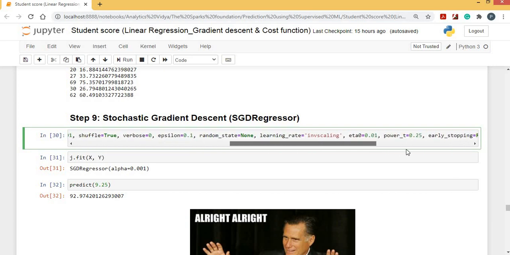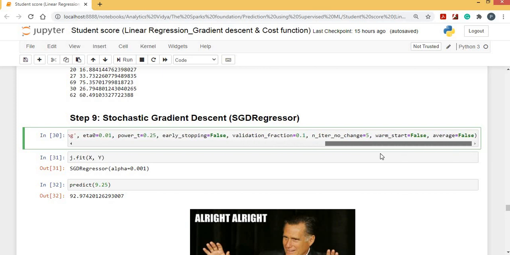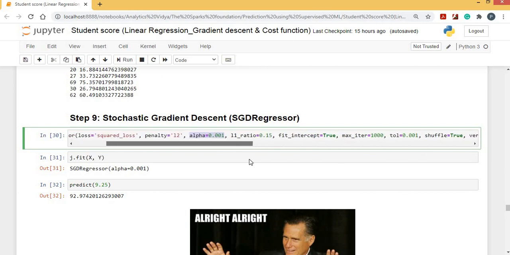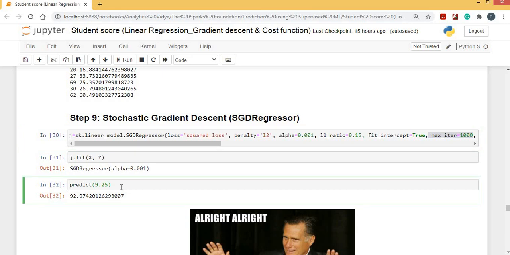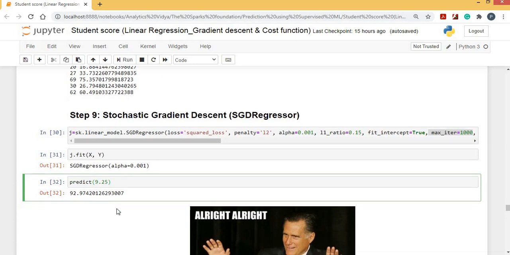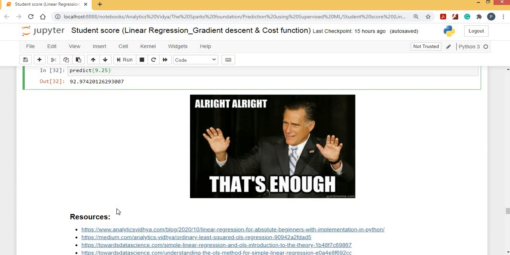And you can also change the max number of iterations. So again by that also we are getting 92.97. The values are very near, right?